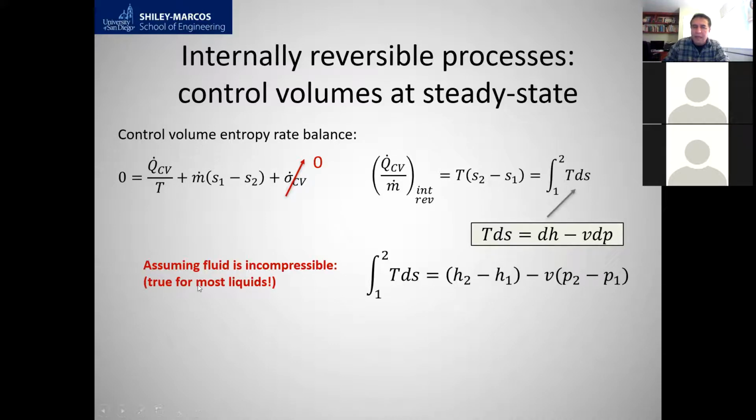When we do that, we assume the fluid is incompressible. Incompressible, this is very important. Remember I talked about the compressible ideal gas law versus the non-ideal gas law. Now we have to be very careful about the compressibility of the material versus incompressible. Let me see, someone in the chat.